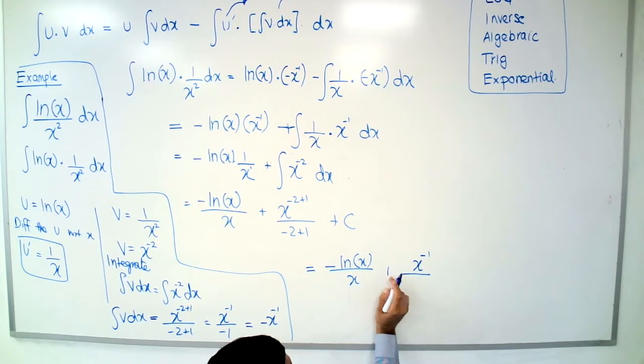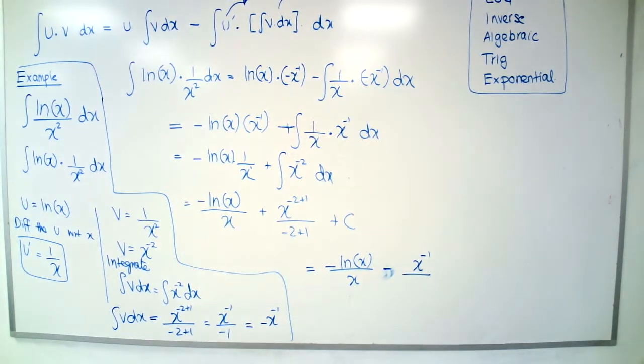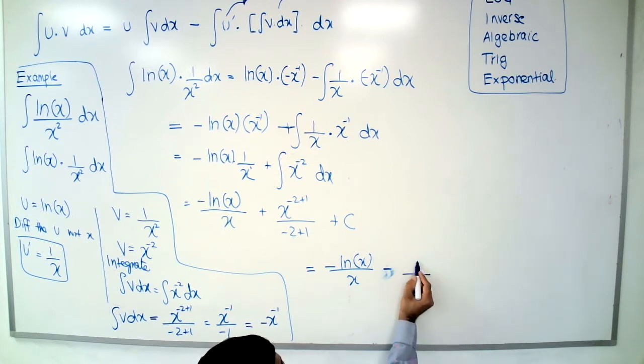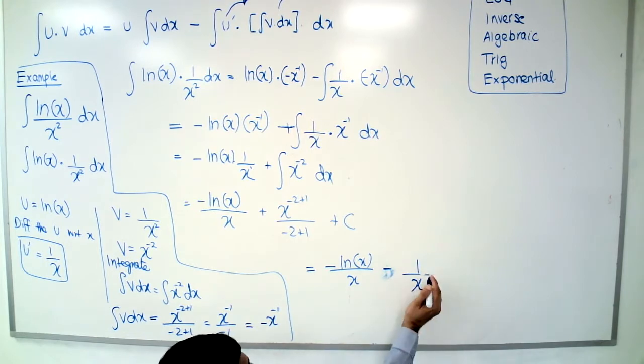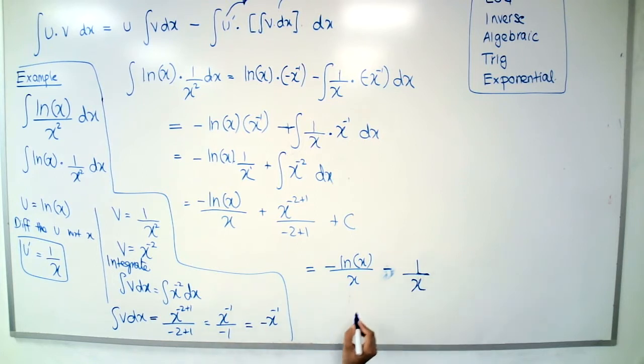Now this is x to the power minus 1, I can bring it down, and that will become 1 over x. And obviously there is a c in the end, but I will write the c in the middle.